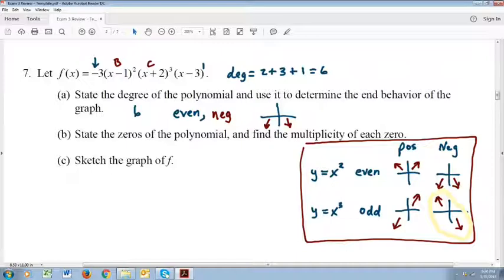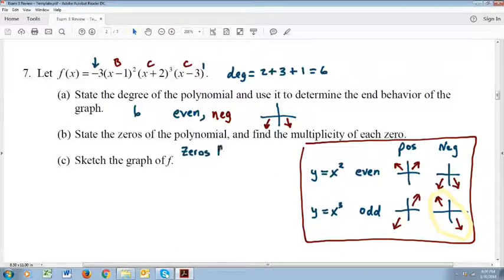Now I want to remind you that zeros and x-intercepts are pretty much one and the same, or they're tied together. So let me do this part first and then we'll answer part B. So we're also going to cross at 3 because x minus 3 is a factor of the first power, which is odd. So with odd powers we cross. If we have an even power we bounce.